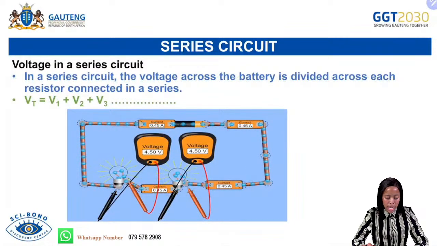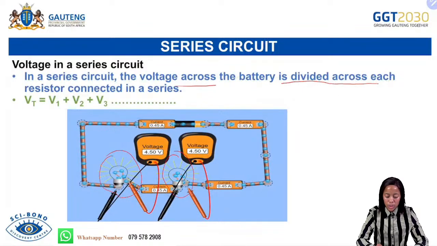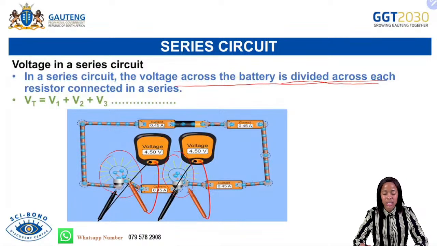Okay, then it says the voltage in a series circuit. In a series circuit, the voltage across the battery is divided across each resistor connected in series. On the following circuit we've got two resistors, and those two resistors are the light bulbs. So when it comes to a series circuit, the voltage is divided across each resistor.